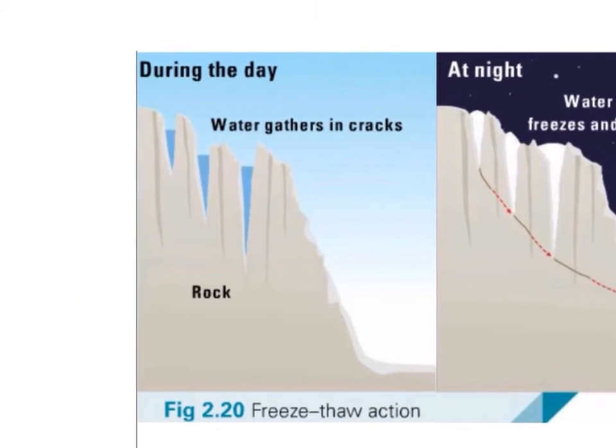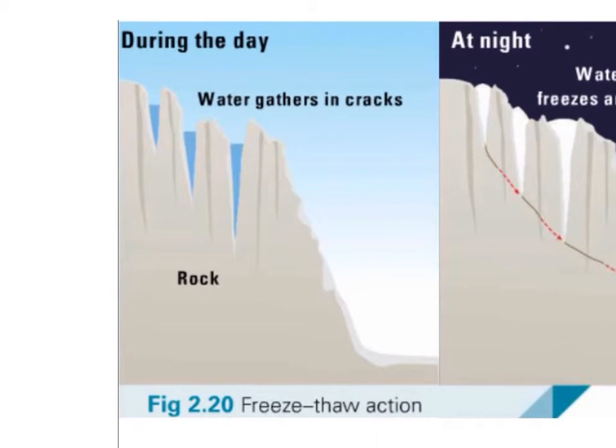So, during the day, the water gathers in the cracks of the rock. And this happens when the temperature is above freezing. So the precipitation, the rainfall or the snowfall, gathers in the cracks of the rock during the day.